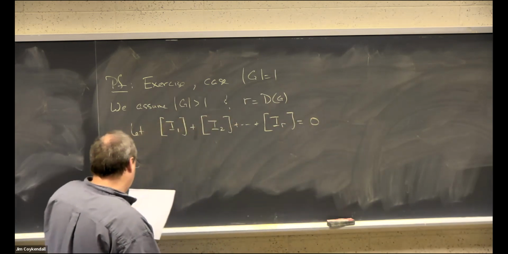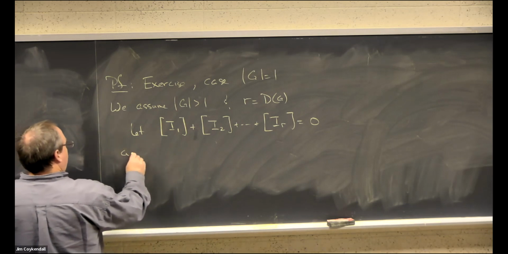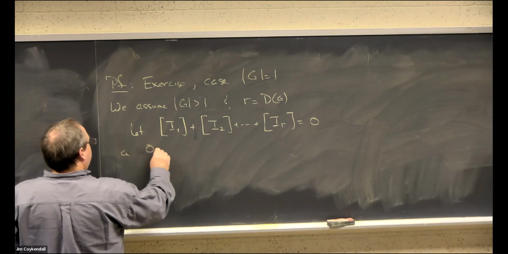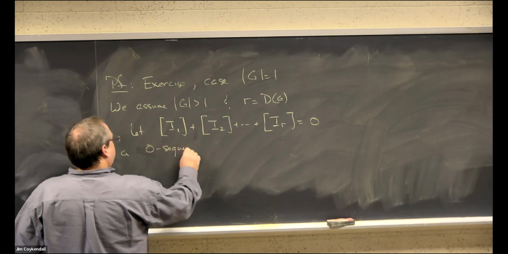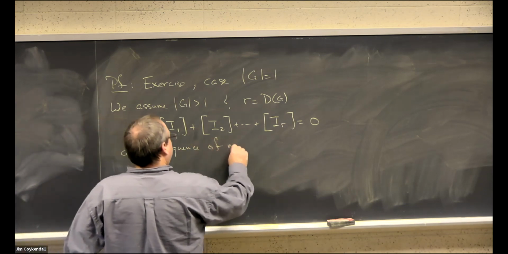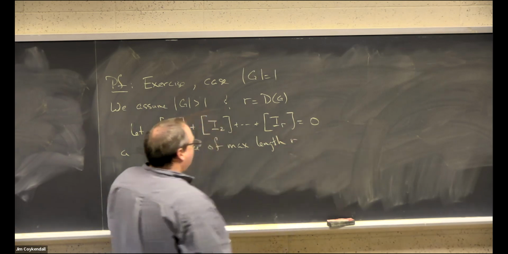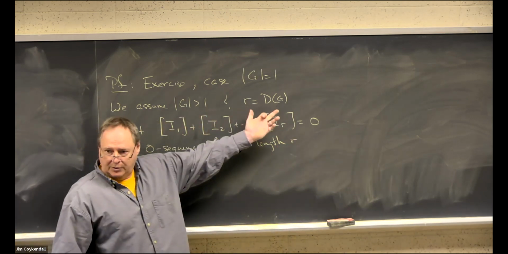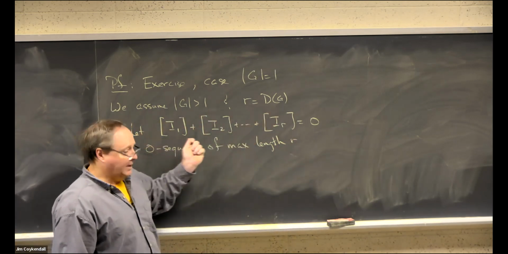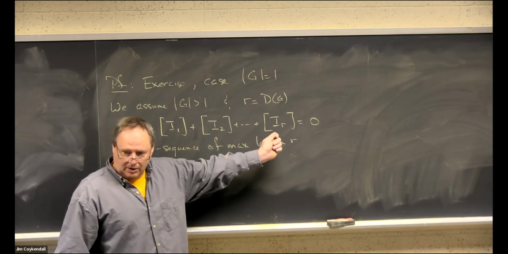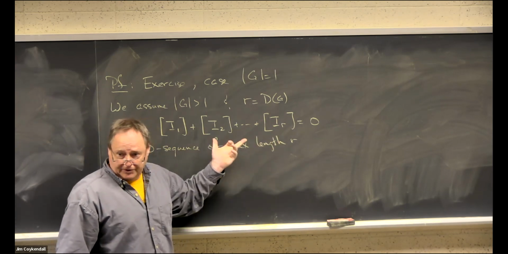So suppose I have a zero sequence of maximum length. You have to remember the Davenport constant of my class group is R, so that means there must be a zero sequence of length R for which there is no proper subsequence.